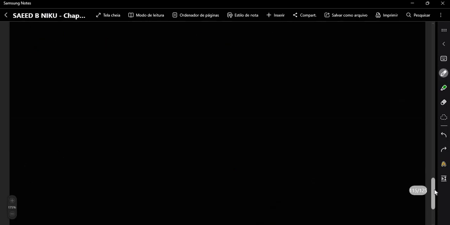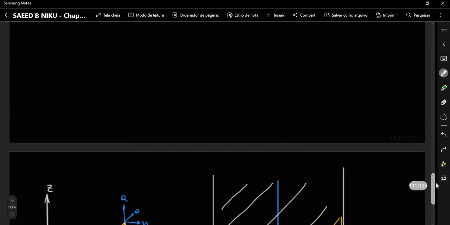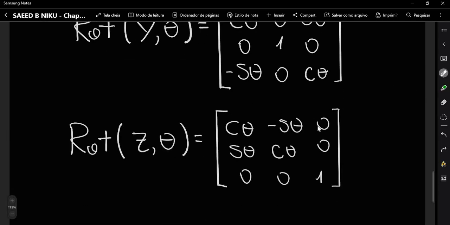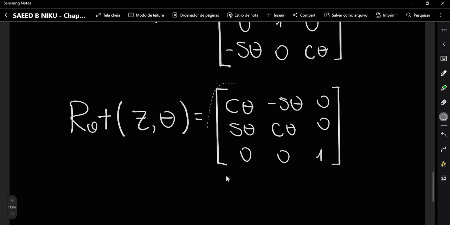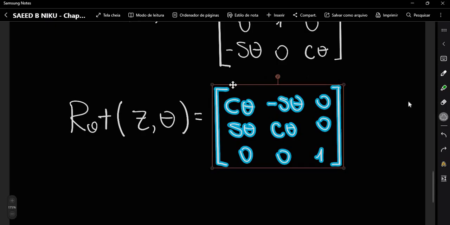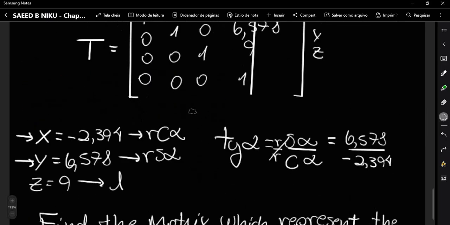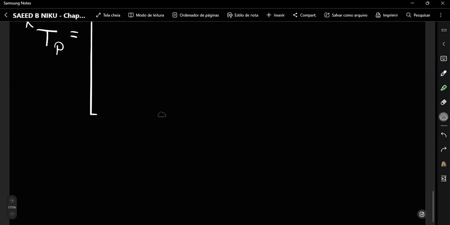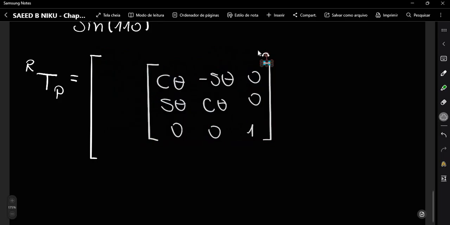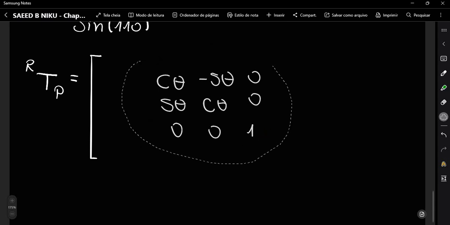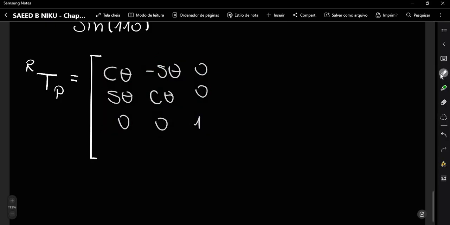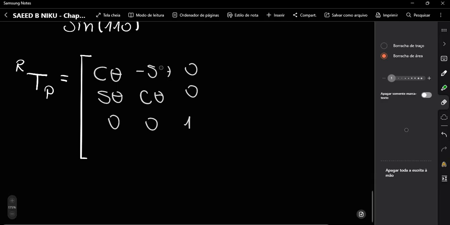So let's find the characteristic rotation matrix that we do above the z-axis, this one. And right here it is not theta, it is alpha.